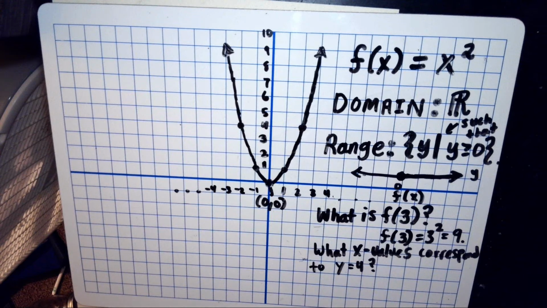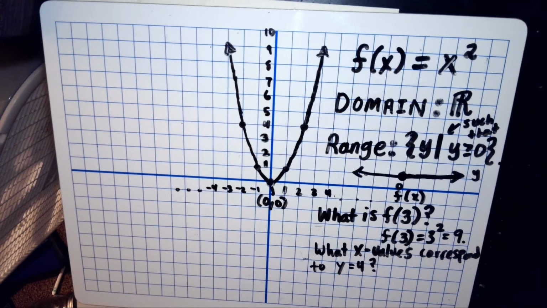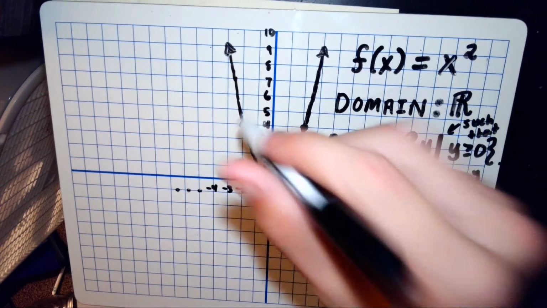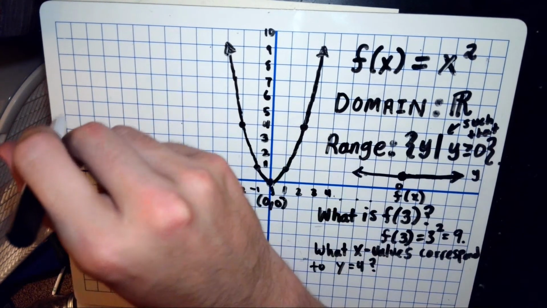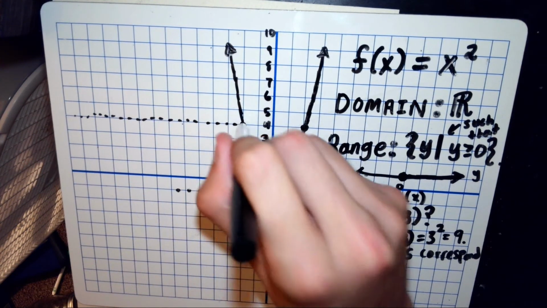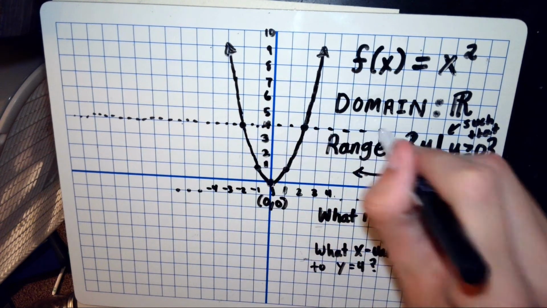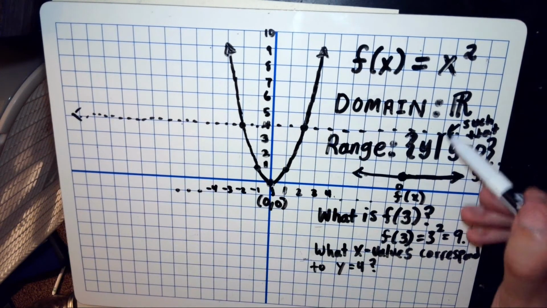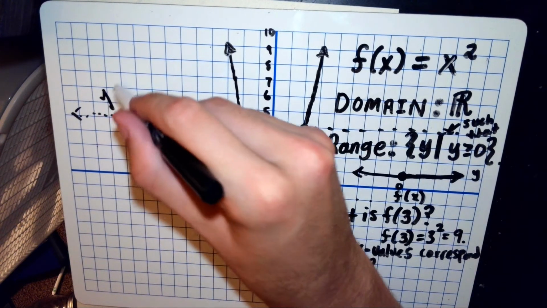And now we have to answer what x values correspond to y equals 4. Let's take a close look at the line y equals 4, this line. This dotted line here is the line y equals 4.